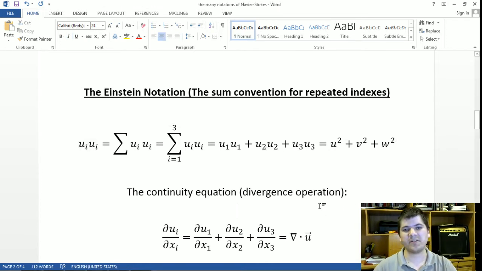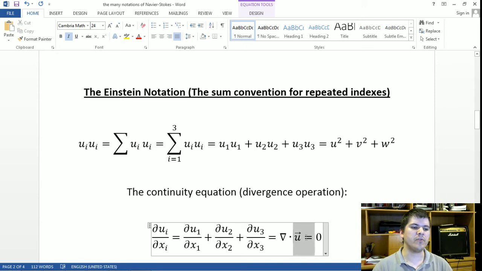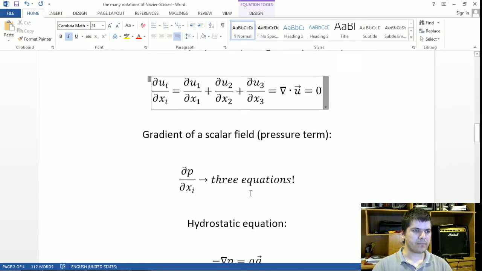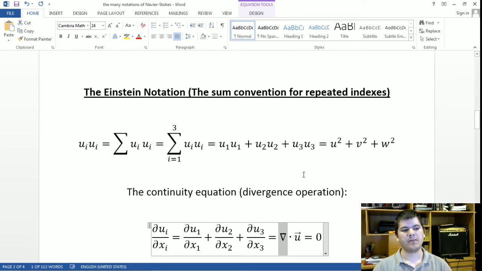For example, the continuity equation, as you know, is the divergence of u equals 0. This equation has the nabla operator, which is given by the partial derivatives of a certain function multiplied by the respective unit vectors, the base vectors for the Cartesian coordinates x, y, and z.